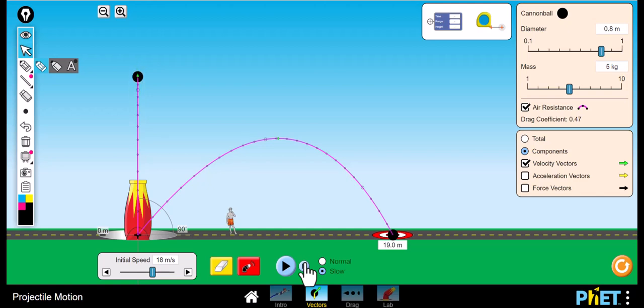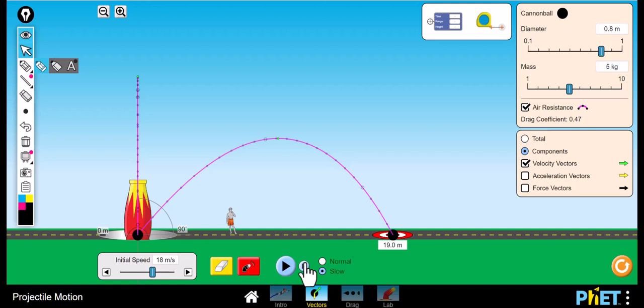You can see that it's 0 right there. And then what's responsible for bringing it back down? Okay, you get the picture. Gravity. Gravity is responsible for slowing it down on the way up. Gravity is responsible for speeding it up on the way down.